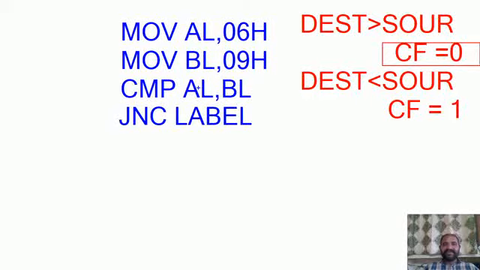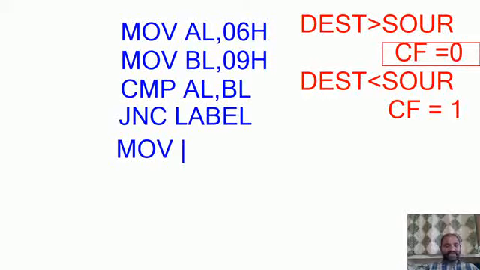But if the AL value is less than the BL, that is, the carry flag equals 1, not equal to 0, then obviously the BL value is greater than the AL. So I would like to move the BL value into the AL. For that I am writing one instruction like this: MOV AL, BL.